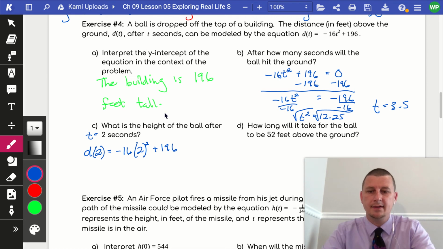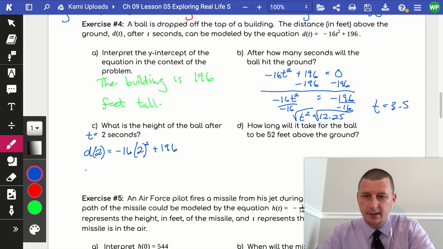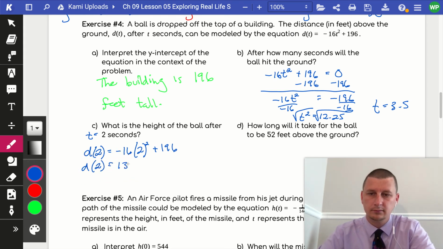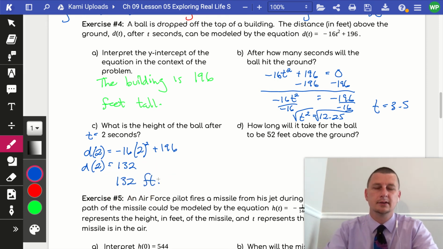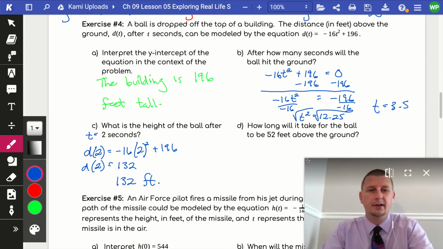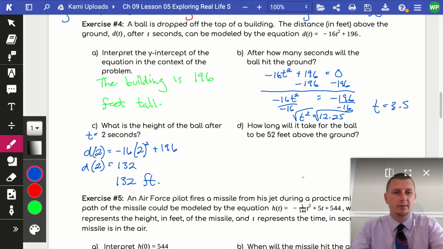And negative 64 plus 196 is going to give you a total of 132. So what is the height of the ball after 2 seconds? It's 132 feet.